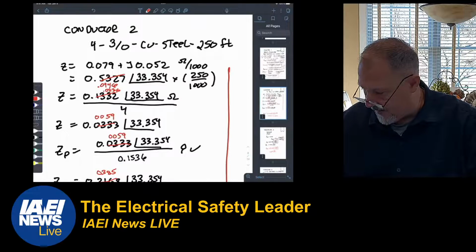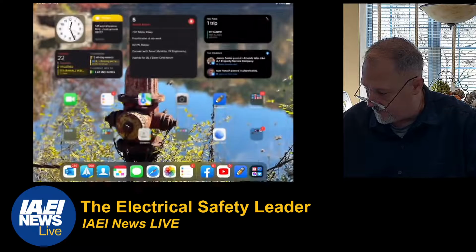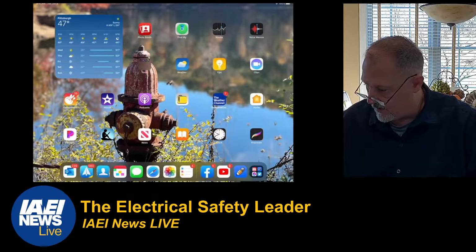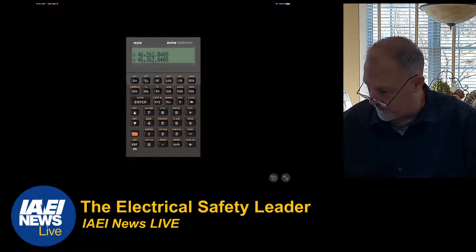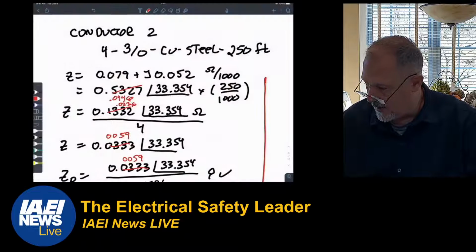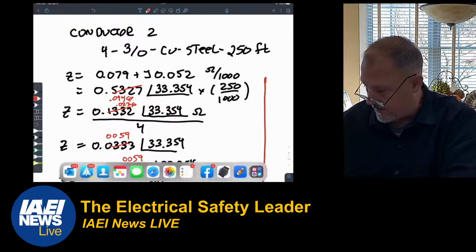I made the math error, and I'm going to fix it here. I didn't want to fix it until we were together. So 0.079, 0.052. I'm going to call up my calculator. All right, so I have 0.079 and 0.052. I have to square those, add them together, take the square root.